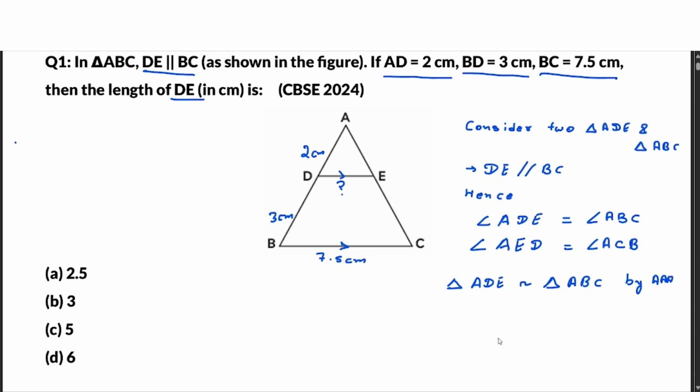Now once these two triangles are similar, hope you know the criteria: if two triangles are similar, their corresponding angles are equal and their corresponding sides ratio are proportional.